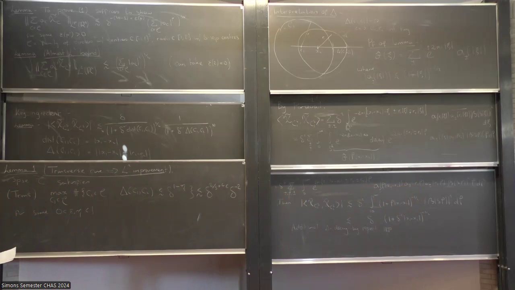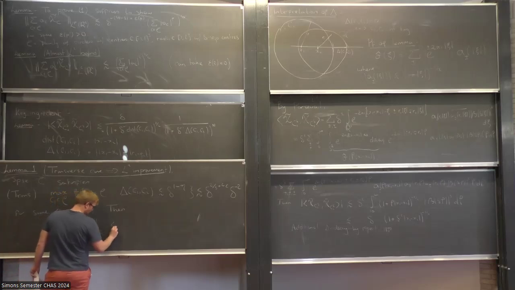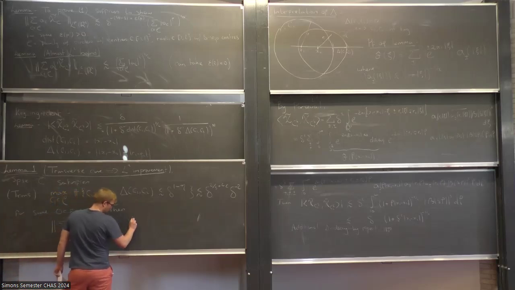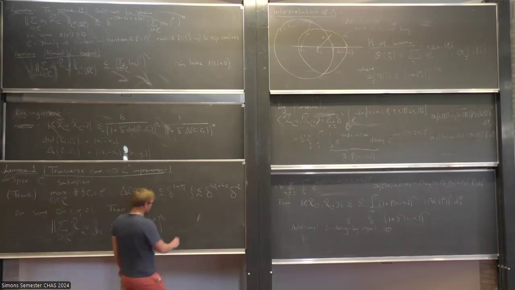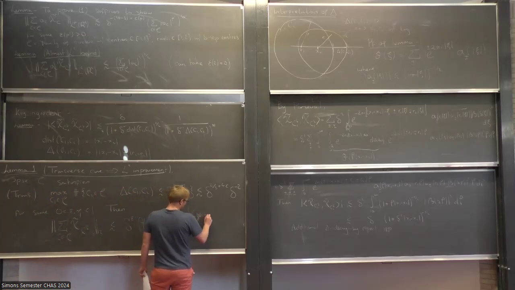Then what we can say is that we have an improvement on our L2 value. In particular, we get delta to the epsilon. So what's this lemma saying? Well, it's allowing us to know our enemy.